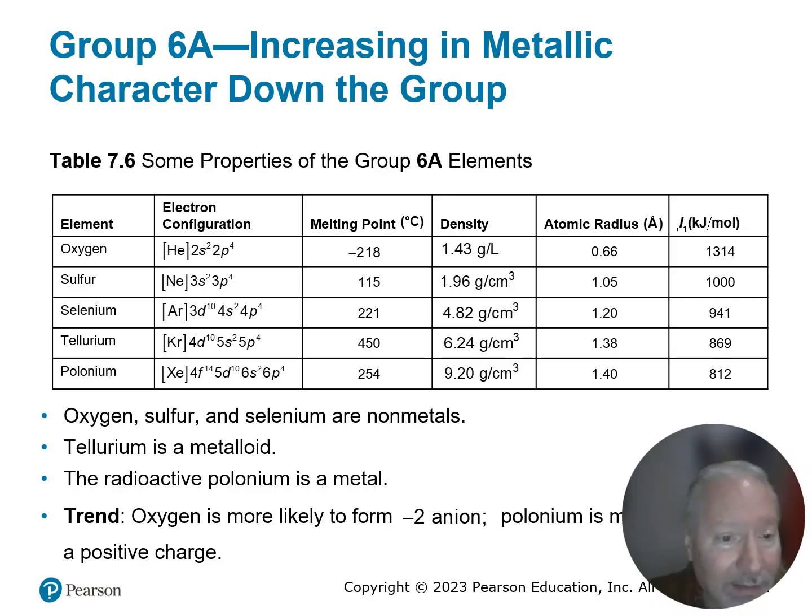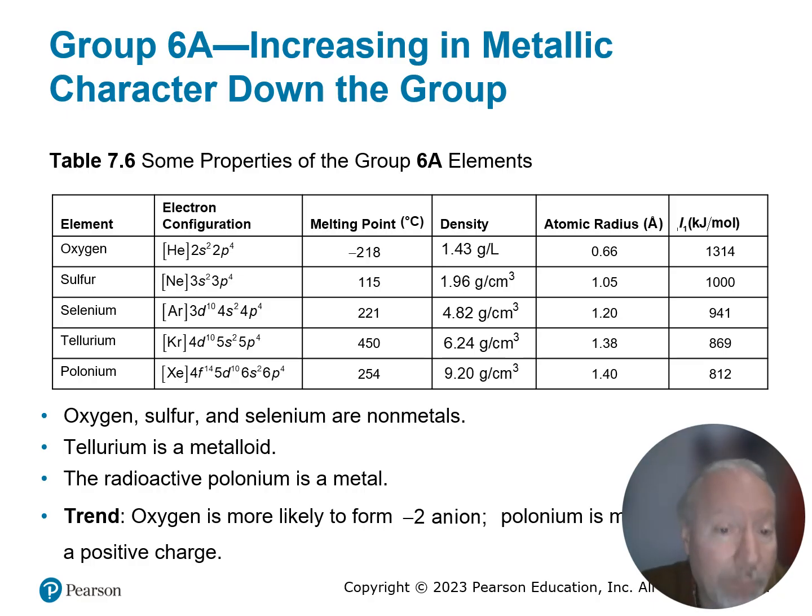When you start getting into selenium, you get into d electrons, which can have very unique electronic and magnetic properties. Tellurium and polonium are very unique, with polonium having d and f orbitals and tellurium and selenium having d orbitals, which can be very interesting for chemistry and even coordinated compounds that we'll talk about in Gen Chem 2.